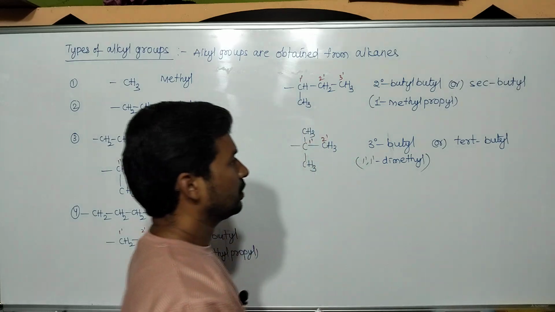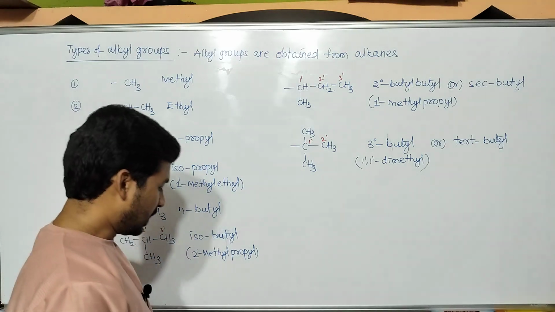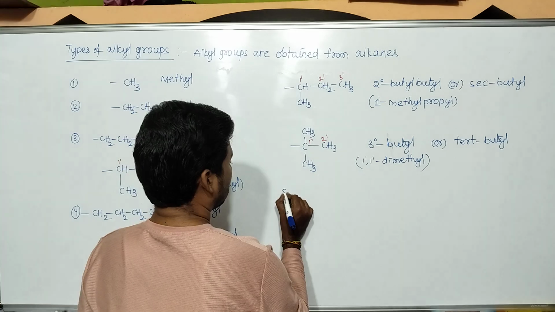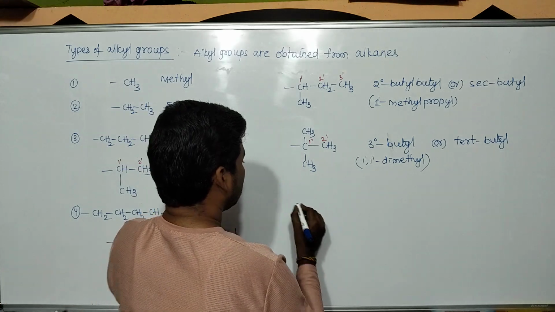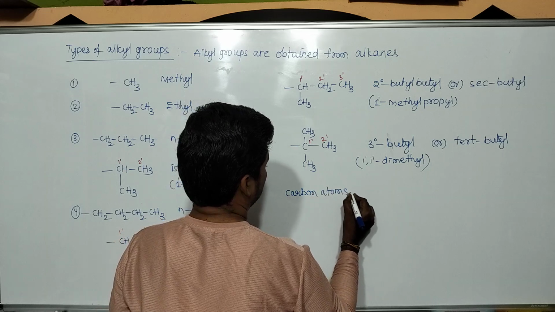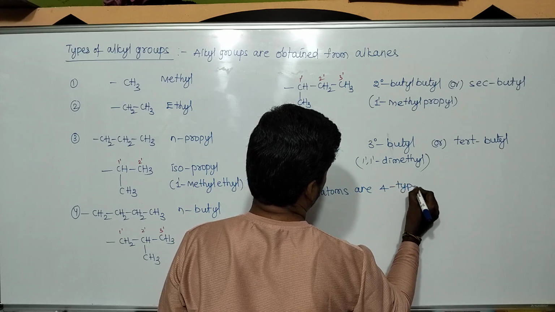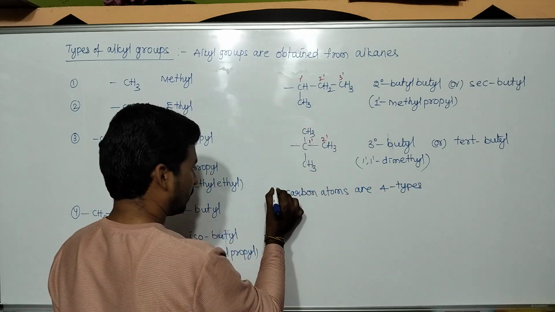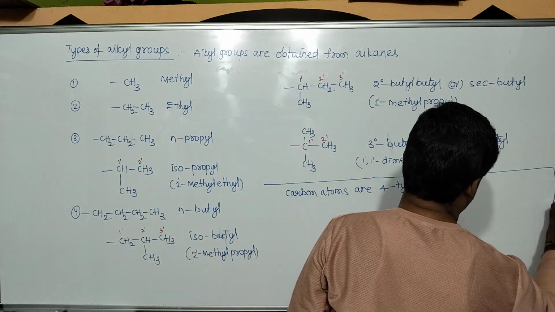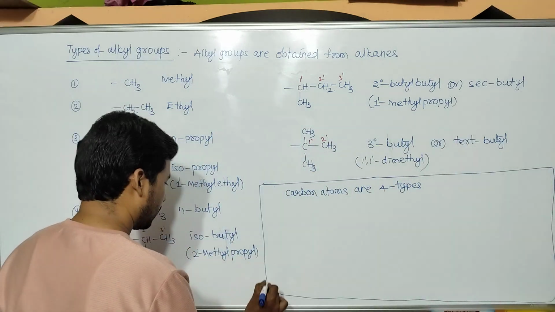Secondary butyl, tertiary butyl. These names are obtained from the classification of carbon atoms. A small subtopic: classification of carbon atoms. Carbon atoms are of four types.